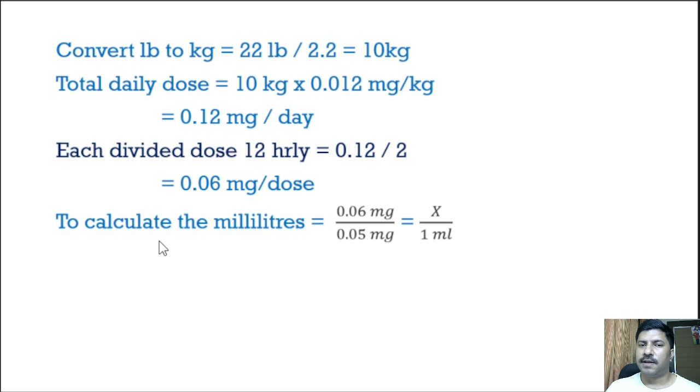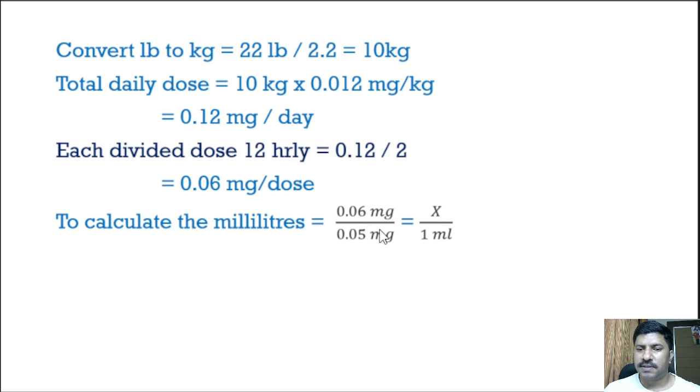Then we need to check the available dose. The required dose is 0.06 milligram for each dose. The available digoxin is 0.05 milligram, given in the question per 1 ml.